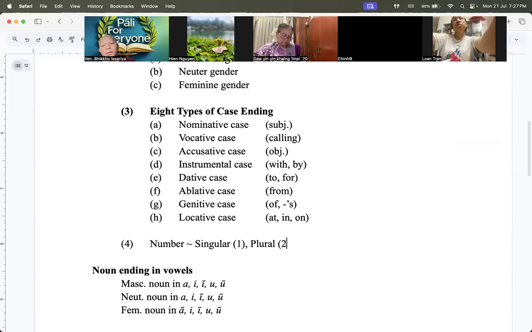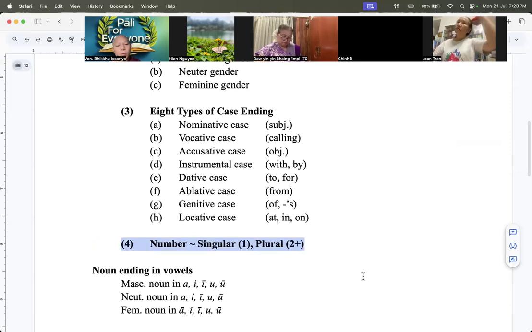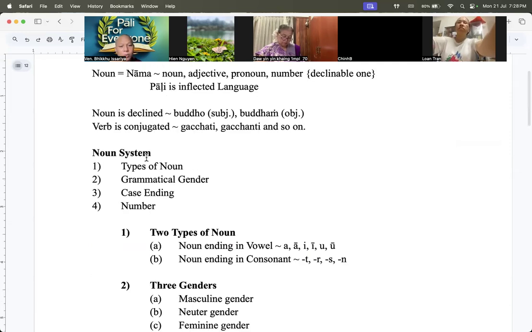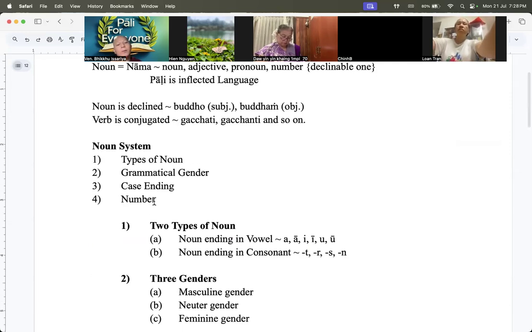In this way it can be understood: two plus, no dual form. More than one is called plural. These four points we need to know in the noun system.